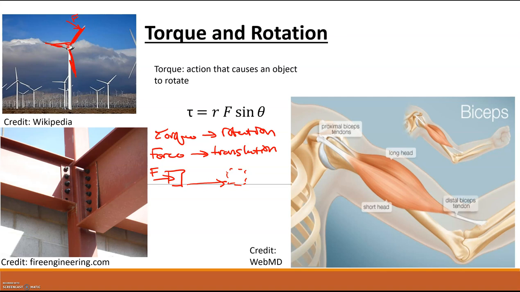And that rotation is what's turning a generator. And that's how we are generating that power. So we're using the wind to apply a force which causes a torque to act on this blade, which then produces energy.